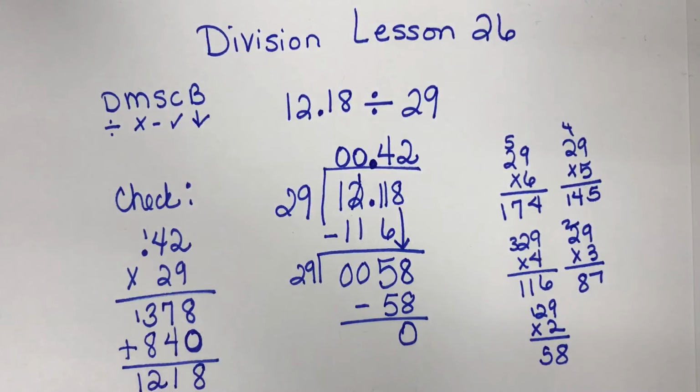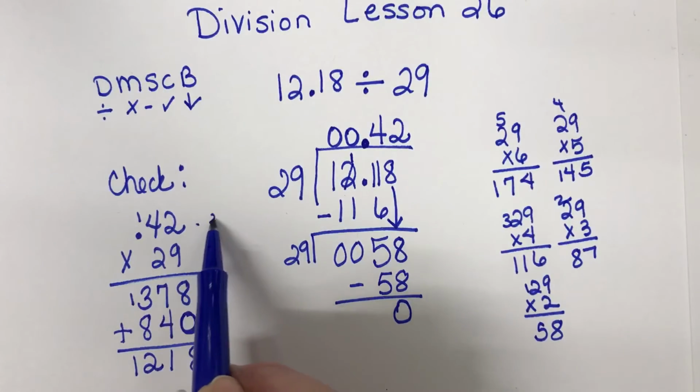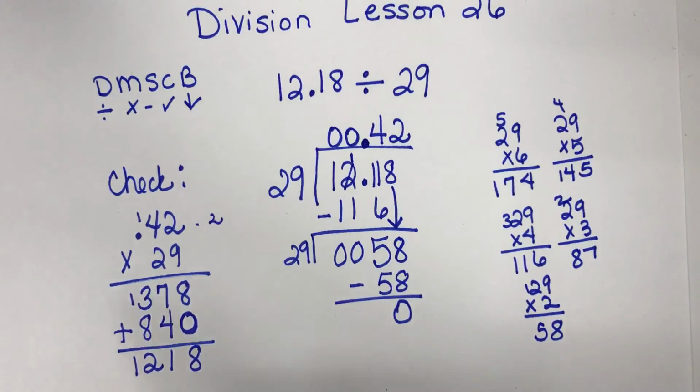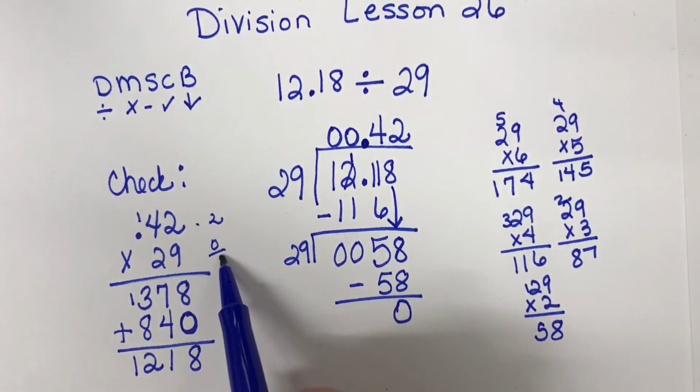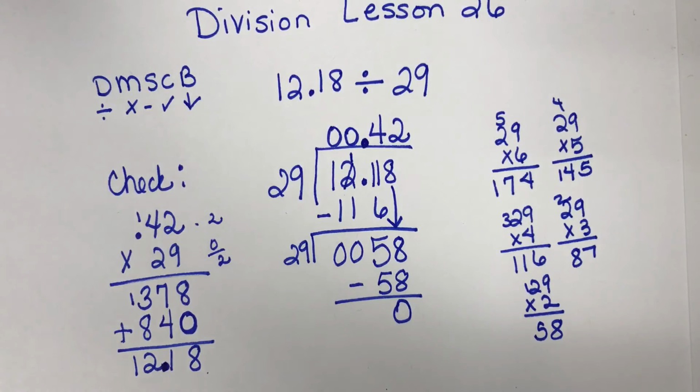I will need to place my decimal in my answer. There are 2 decimal places in 42/100. There are no decimal places in 29. So I have a total of 2 decimal places. I will come down to my answer and count over 1, 2, and place my decimal.